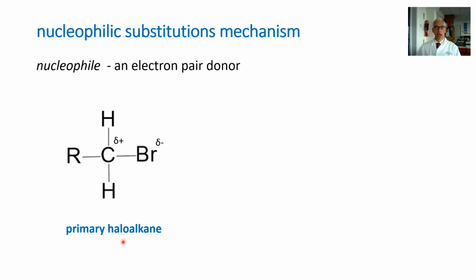So the reactivity of the haloalkane is because of the polarity of the carbon-halogen bond. So if I bring in a nucleophile, such as the hydroxide ion, the nucleophile, you would indicate the presence of a lone pair of electrons, because we need a nucleophile to have a pair of electrons to donate.